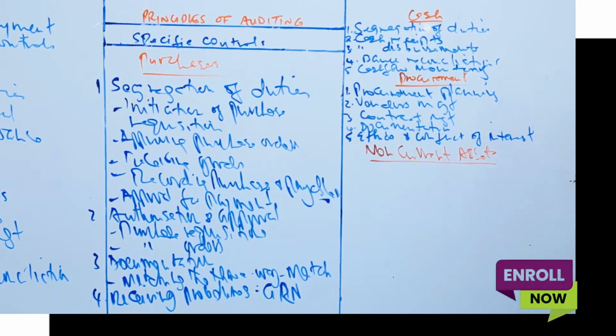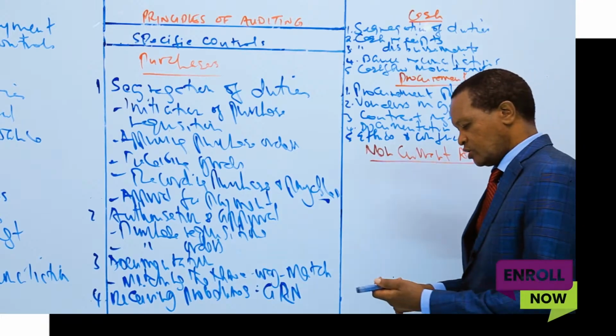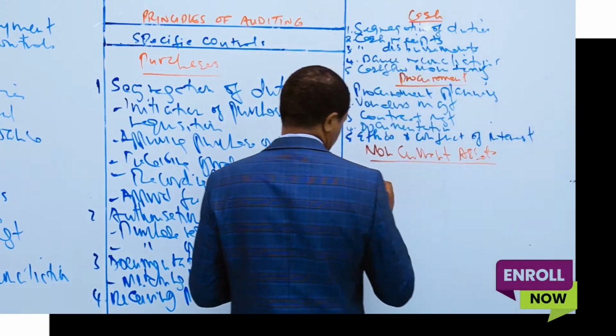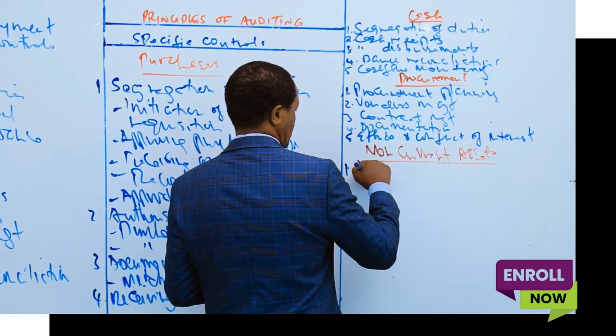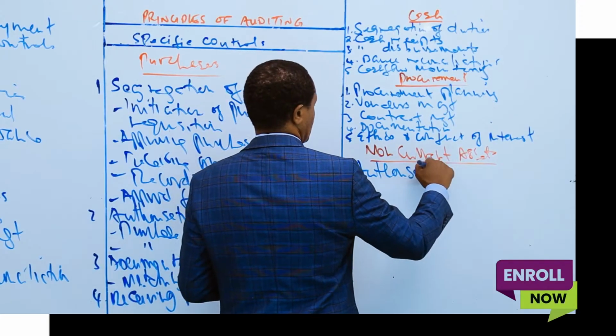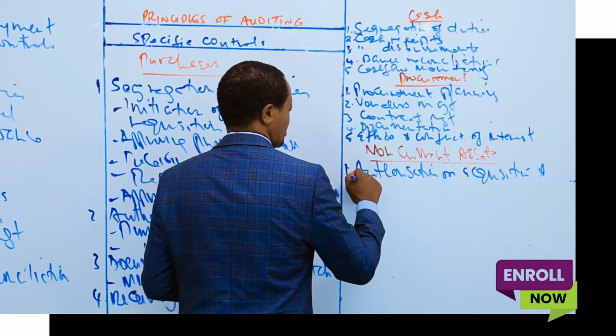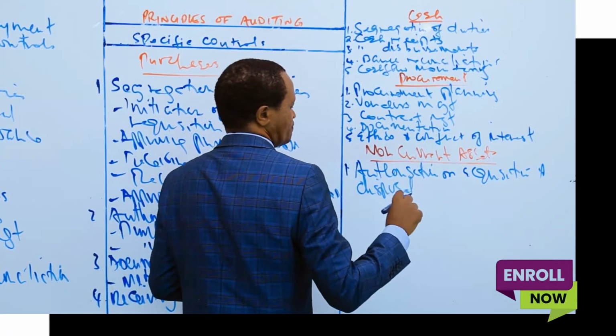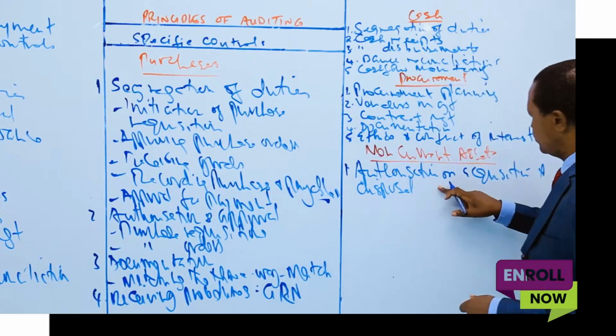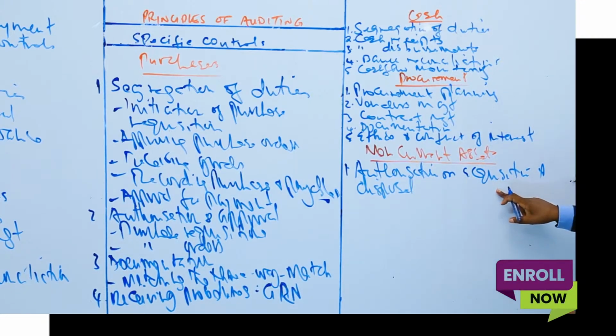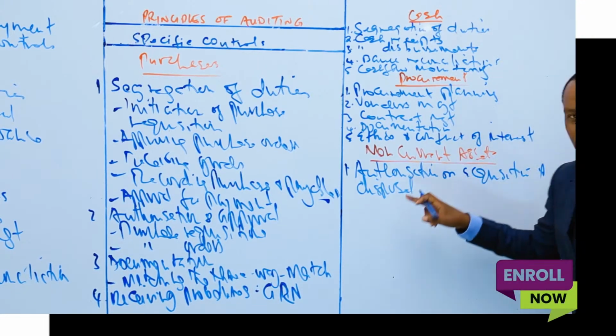One control is authorization on acquisition. Authorization when buying these assets and when disposing the assets.